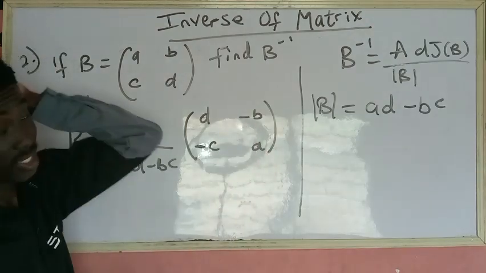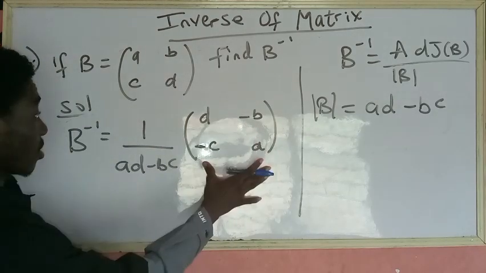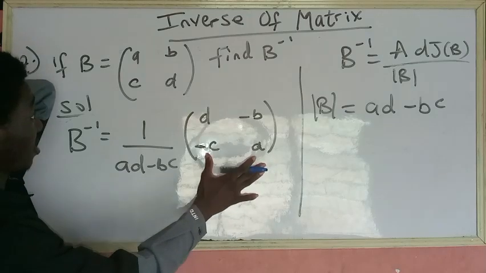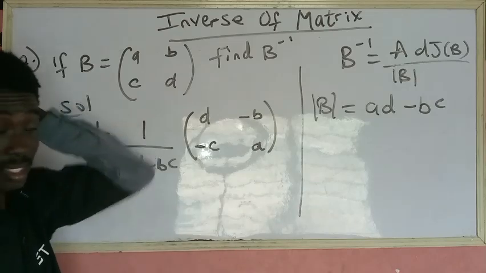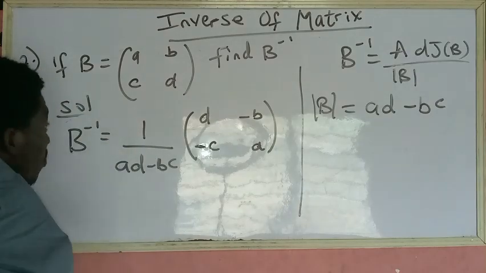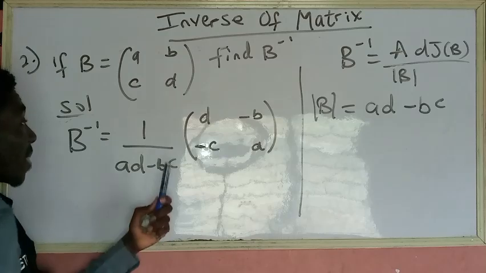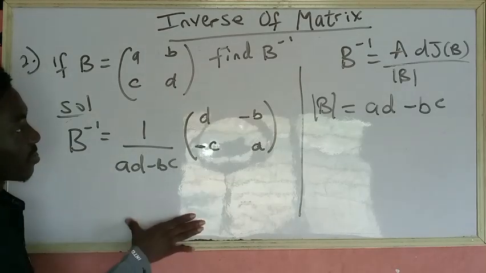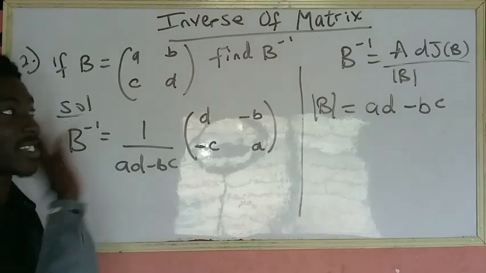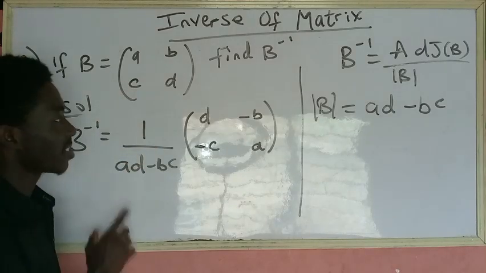So this is how you do that. You can see this is the adjoint of matrix B. Do you get that? From there we now know that you can find the inverse of any 2 by 2 matrix whatsoever. So you can use this to get the inverse of a 2 by 2 matrix. Let's check that.